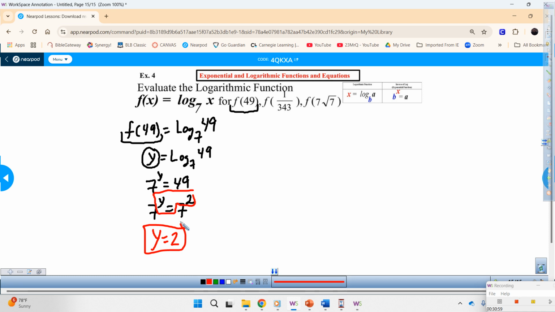Are we doing good? Next, let's do the next one. Same thing. F of 1 over 343 equals log base 7 of 1 over 343.